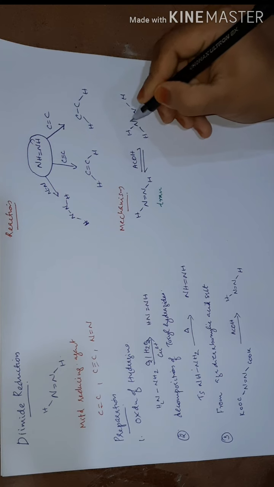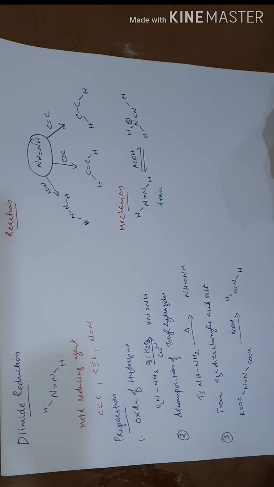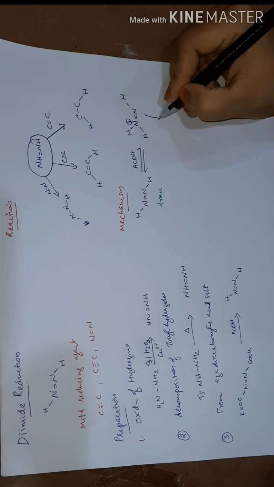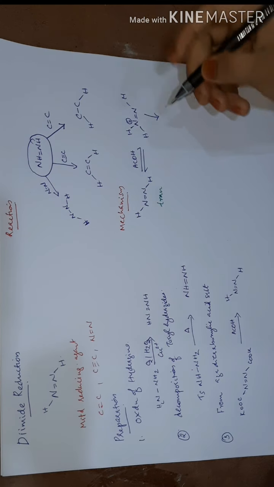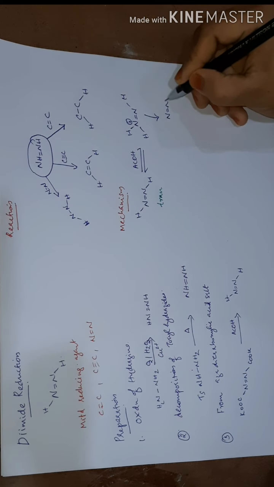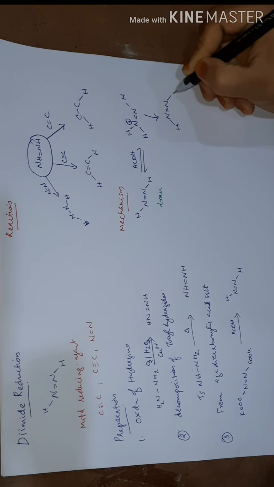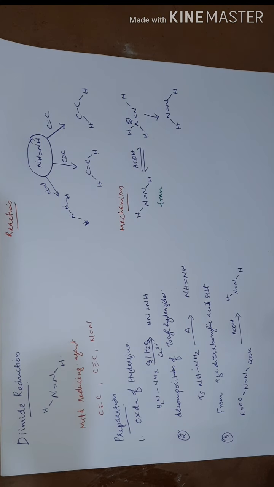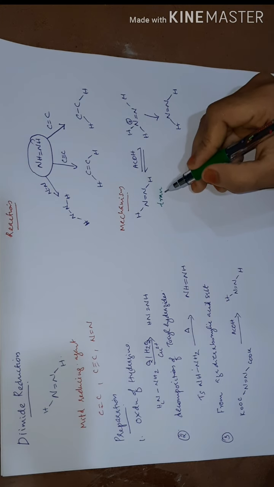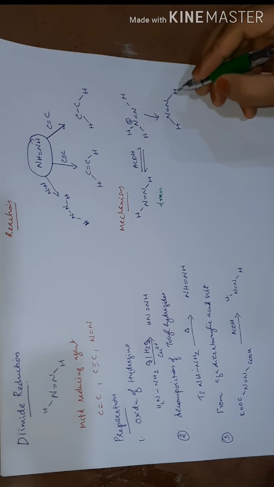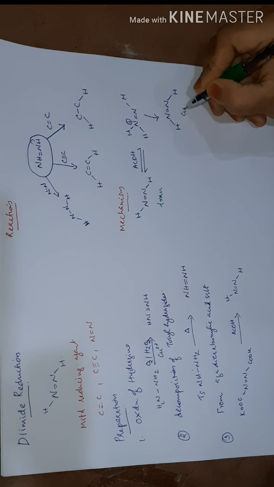That is, it can accept like this, and it changes to a structure like this. From the structure itself, it is clear that we started with this trans isomer, and it is now existing as a cis isomer.